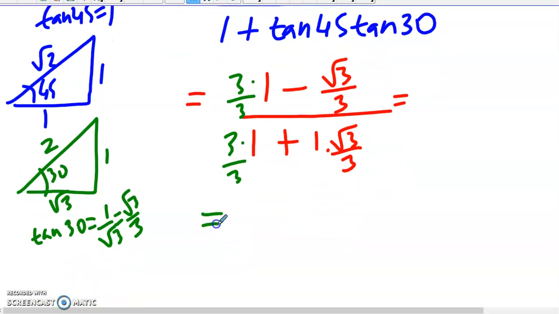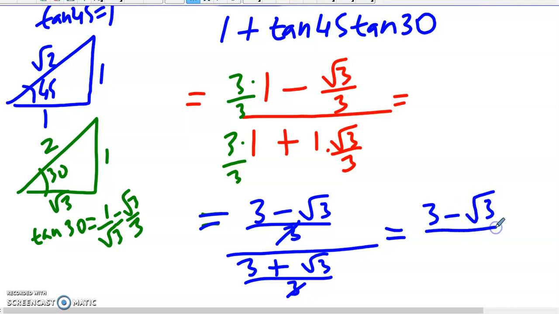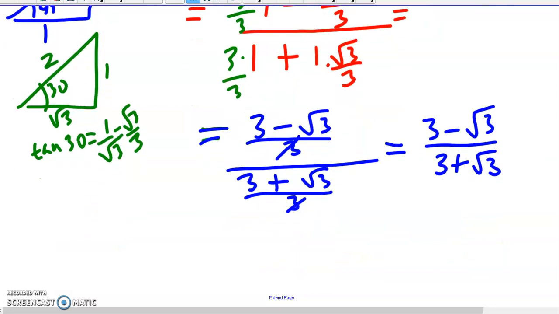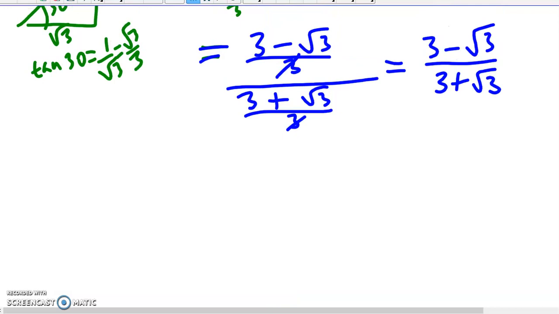So this all ends up being 3 minus square root of 3 over 3 divided by 3 plus square root of 3 over 3. And then the 3's cancel, so 3 minus square root of 3 divided by 3 plus square root of 3.